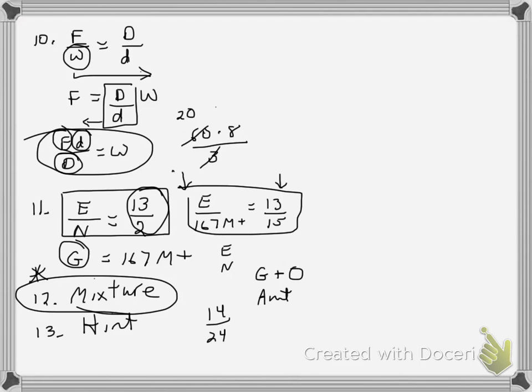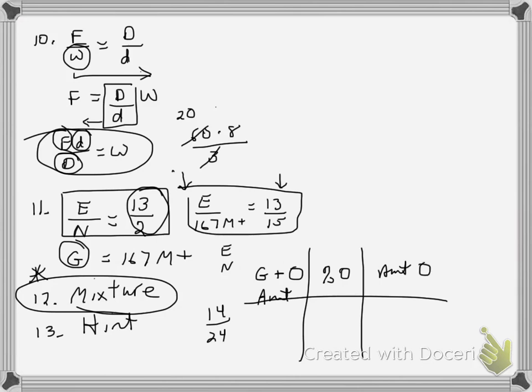Then, let's see, it says how much more gold will be added, so I'm not going to add the other. So then I'll have the percent of the other. If you get these labels right, you'll understand these problems. And then you'll get the amount of the other, because it's the amount of the other that's not changing.